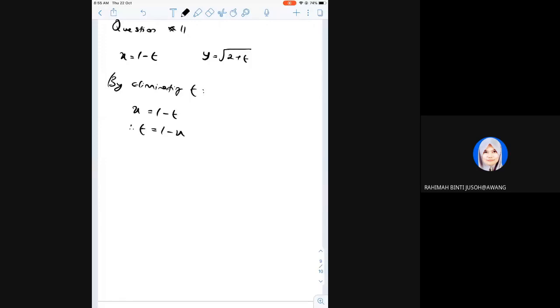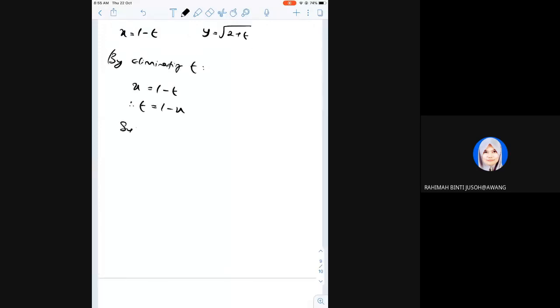Okay, substitute in Y. You have square root of 2 plus 1 minus X, like this. So we will have Y equals to square root of 2 plus 1, should be 3 minus X, like this.